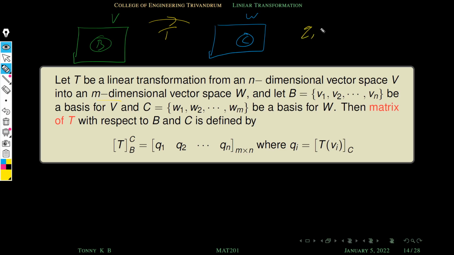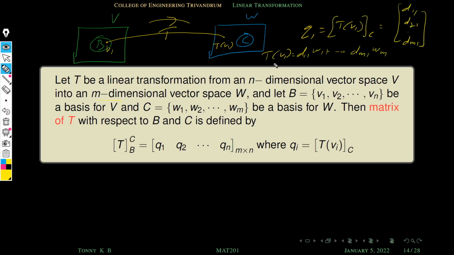So actually, what is Q1? Q1 means you choose the first basis element, that is our V1, right? Then you take the image of this V1, that is T of V1. Now it is clear that this T of V1 is an element of W, and C is a basis for W. So we can express this T of V1 in terms of C, so it has a coordinate.